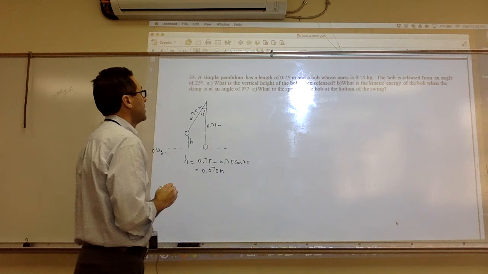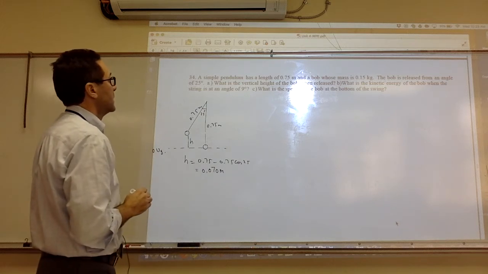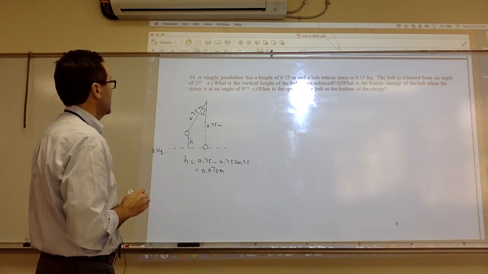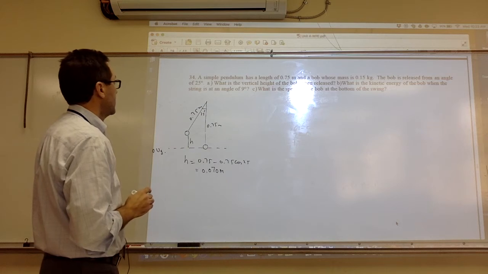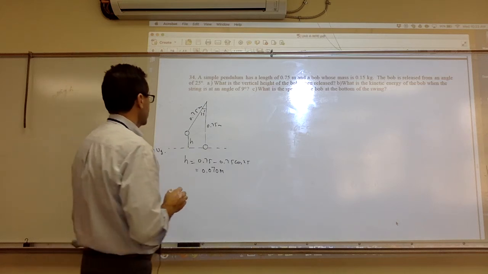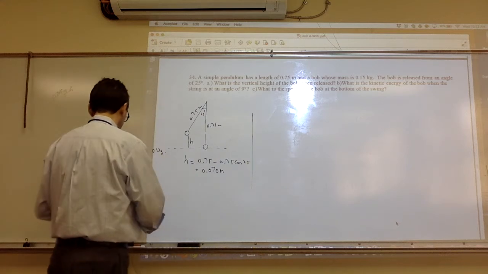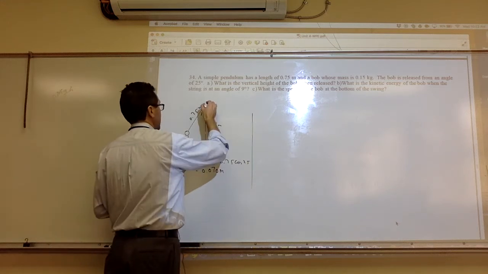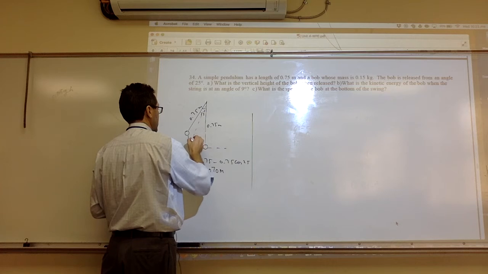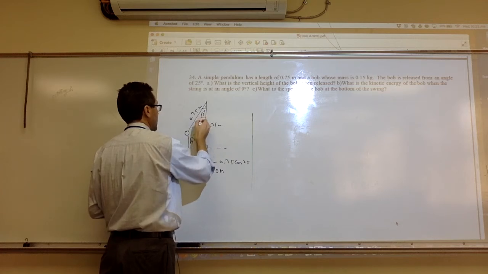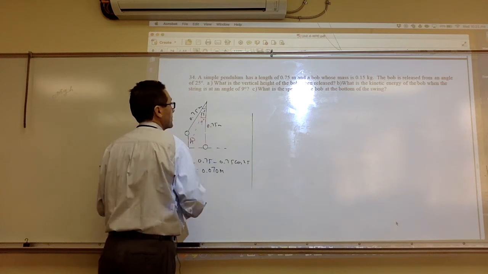All right. What is the kinetic energy of the bob when the string is at an angle of 9 degrees? So basically this gets to this level. This angle here is 9 degrees.